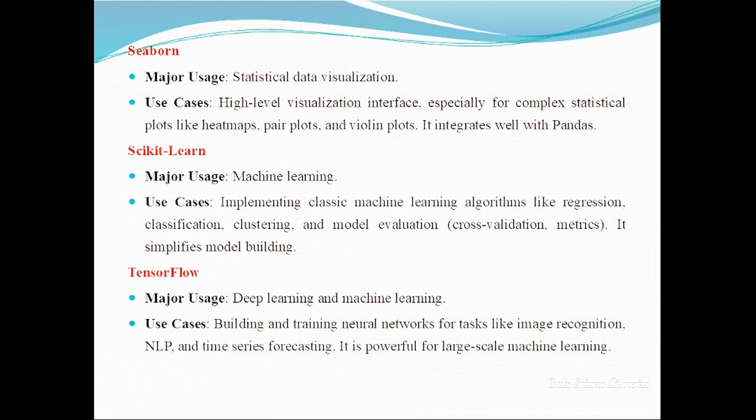Next one, TensorFlow. This TensorFlow is related to deep learning as well as machine learning. By using TensorFlow, we can build neural network operations, image recognition operations, NLP operations. We can do time series operations also.